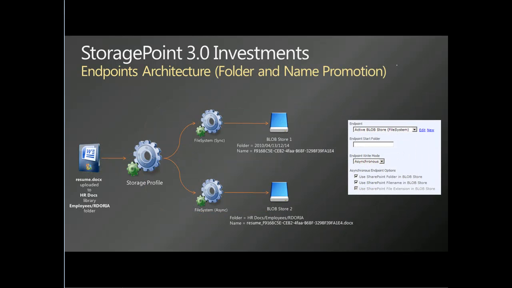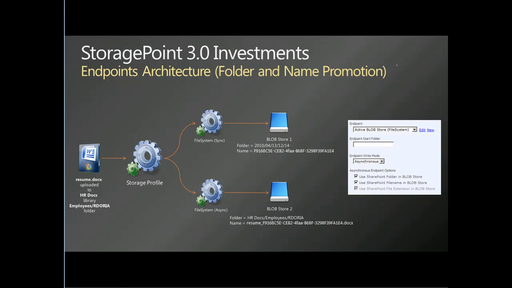Another advantage of the endpoint architecture was our ability to promote the folder and name. So if you looked at our 2X product, or at the other blob offloading products out there, you get some arbitrary folder structure, and then you get a GUID for a file name, and then whatever the extension is.